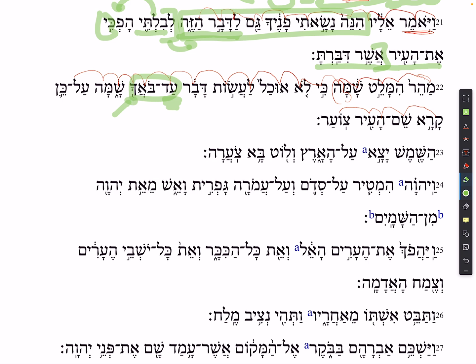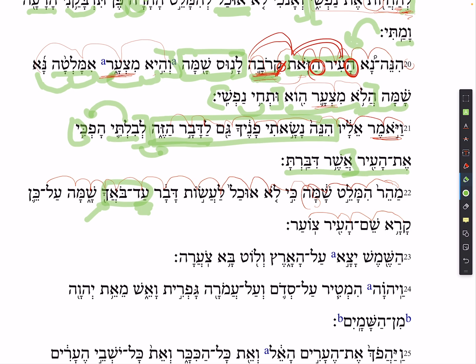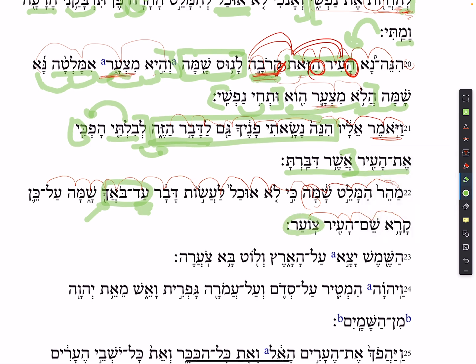Until you enter, until you are entering, you own, so the suffix owns the action. It's a possessive subject, a subject suffix. Until you enter there. Therefore, he called the city Zoar. Now, why is it Zoar? You see that this is a play with the word mitzar. So Zoar and mitzar. Therefore, he called the city small one.